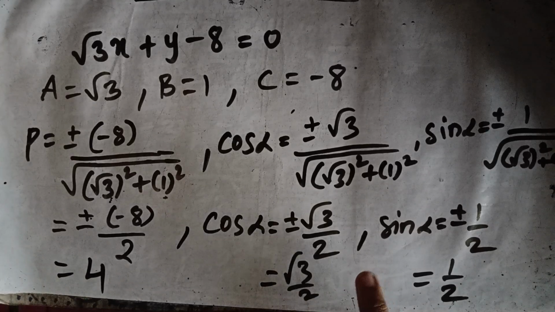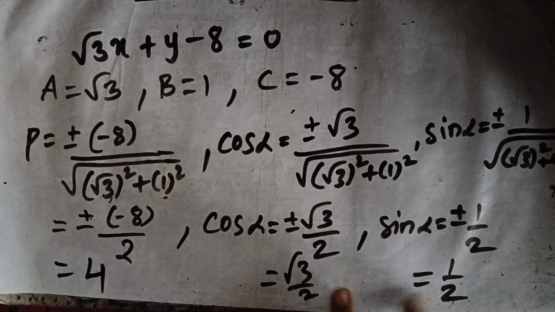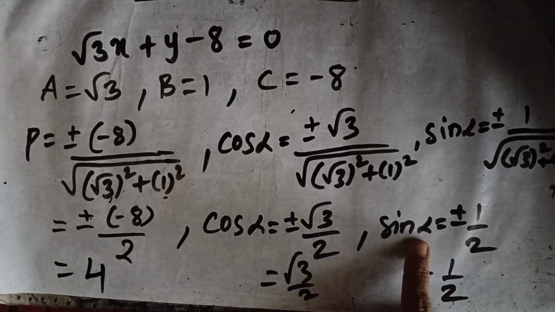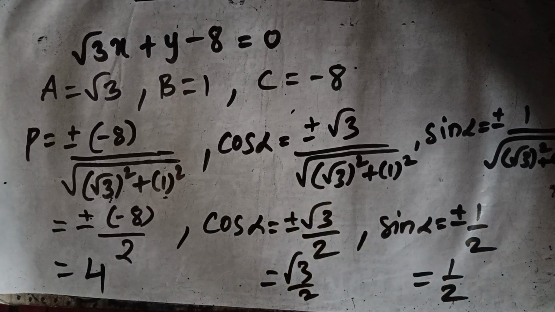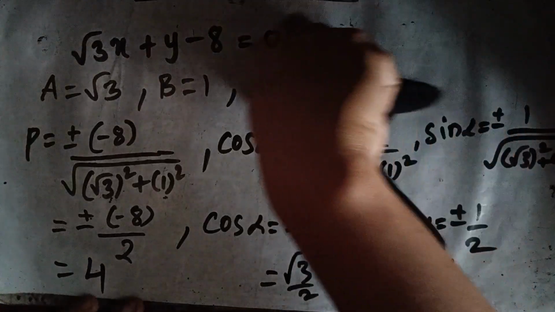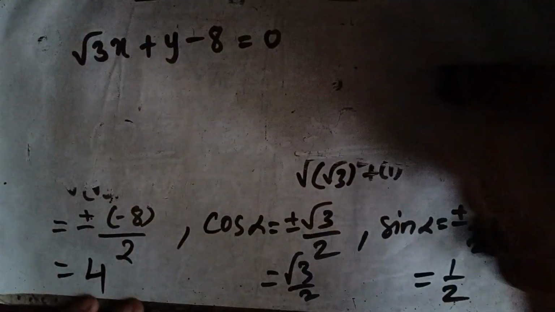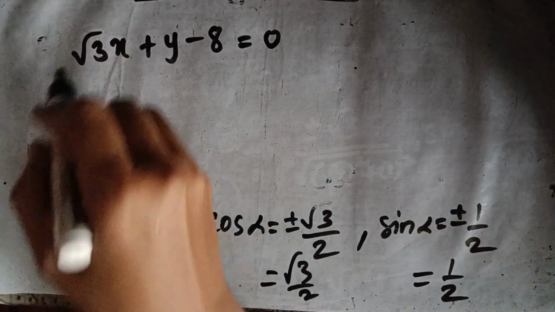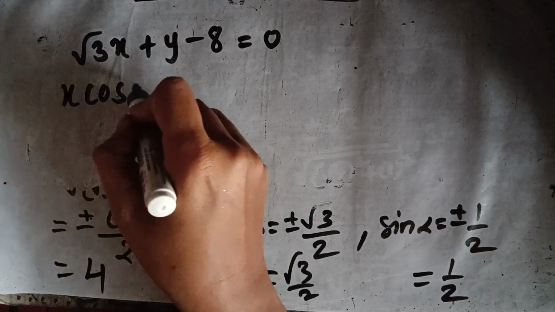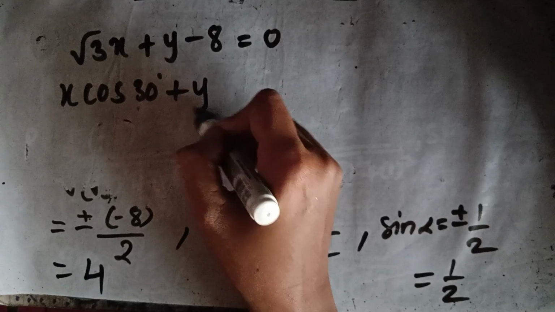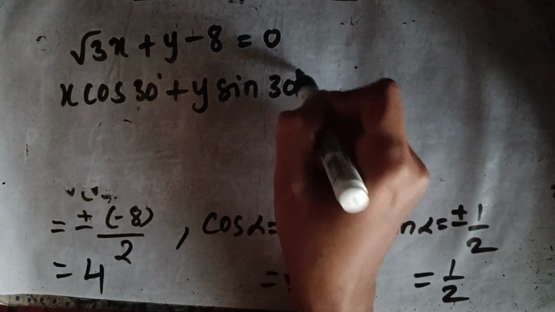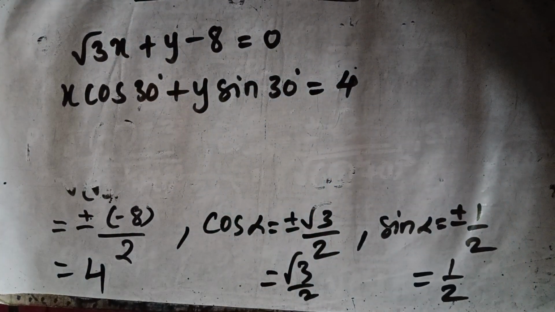Then we have to write the angle. Looking at the values of cos alpha and sin alpha, we get that alpha is 30 degrees. So the final equation, that is the normal form, is x cos 30 degrees plus y sin 30 degrees equal to 4. This is the normal form of the equation.